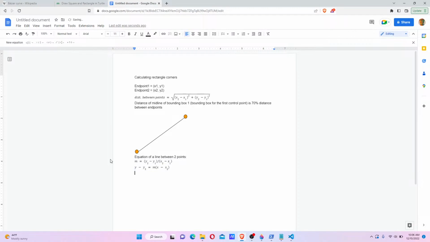I believe that's what it is, so if we plug it in, y minus y2 is equal to y2 minus y1 over x2 minus x1.